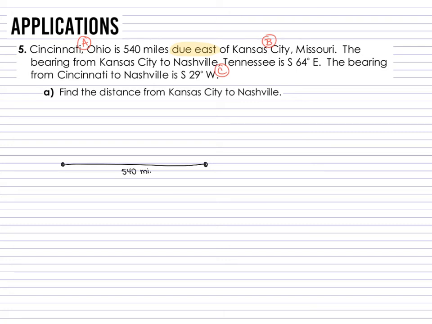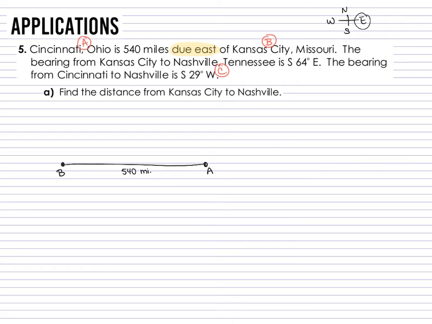Now, Cincinnati, Ohio is 540 miles due east of Kansas City. So don't forget, we've got north, south, east and west. Due east means that Cincinnati is over here on the right and Kansas City is over here on the left.